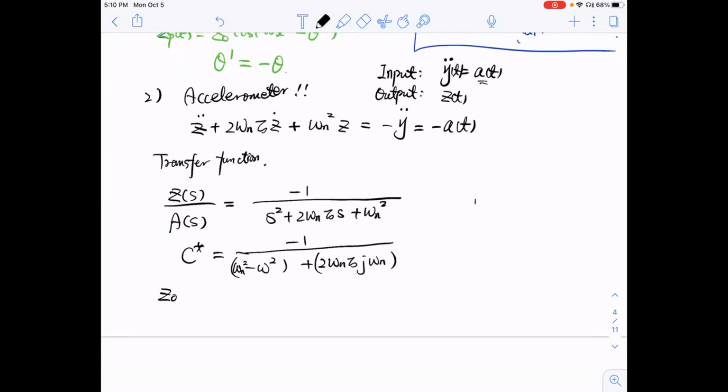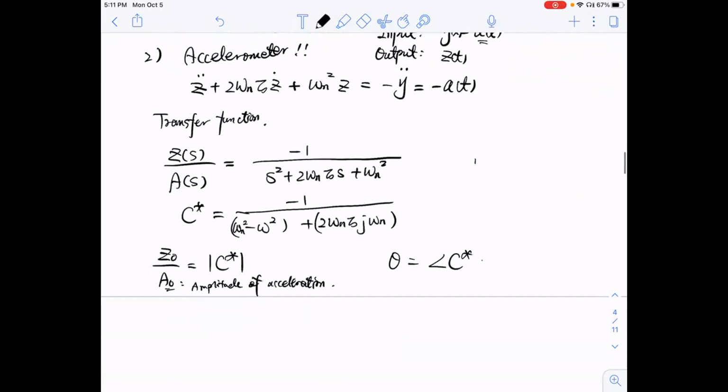So if you want to calculate the Z naught over A naught, your A naught is the amplitude of acceleration, and it's just the magnitude of your complex number. And then your phase, remember, is just the angle of this complex number. And then in this case, your Z of t would be Z naught cosine omega t plus theta.